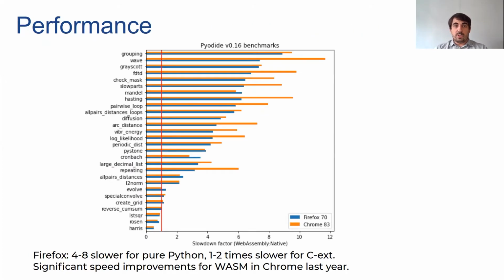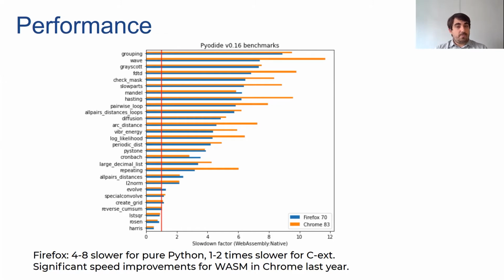So in terms of performance, what do we have? Here you have a list of fairly simple benchmarks that compare the native performance with the performance once you build Python for Pyodide, for two different browsers, Chrome and Firefox. And on the x-axis, you have the slowdown factor.